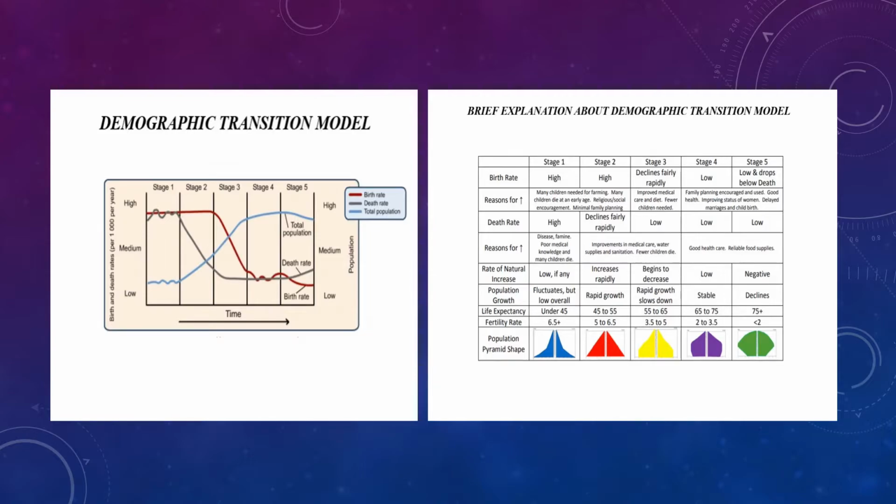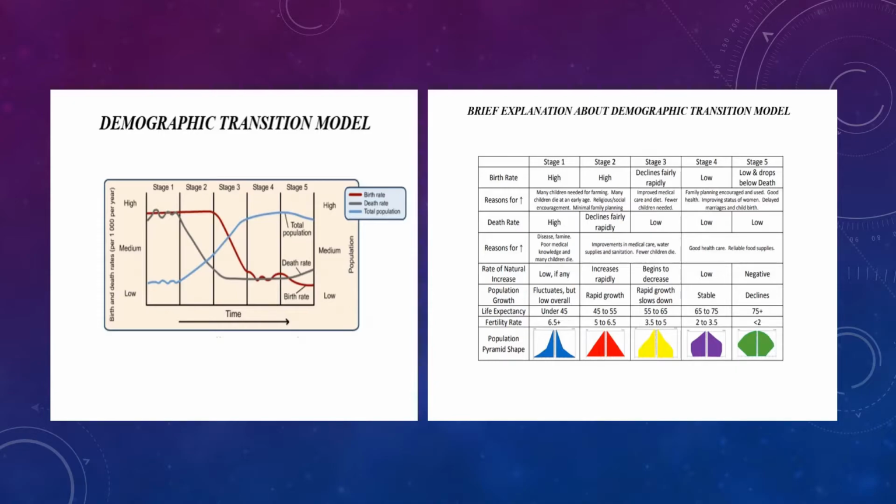Next, here is a brief explanation about the demographic transition model. In stage 1, birth rate is high. Reasons for the high birth rate are that many children are needed for farming, many children die at an early age, there is religious and social encouragement, and minimum family planning programs were adopted. Death rate is also very high.